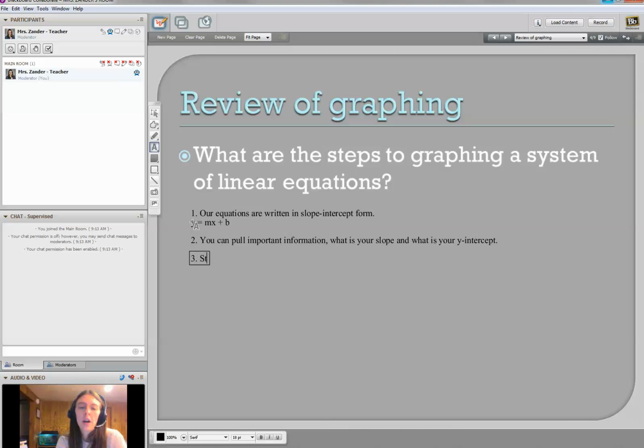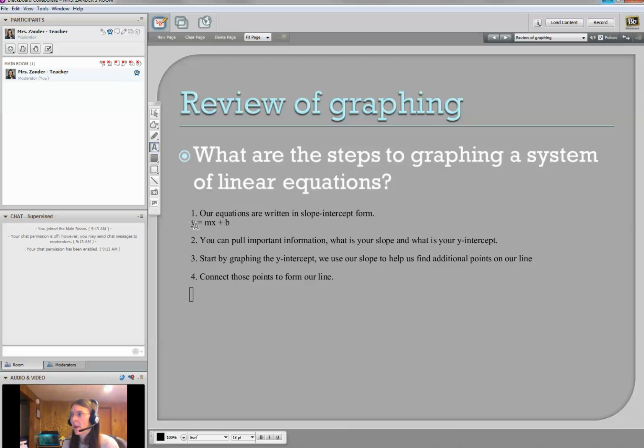So we start by graphing the y-intercept, and then we use our slope to help us find additional points on our lines. And then lastly, we connect those points to form our line. So those are the four main steps that we have for graphing on a coordinate plane.